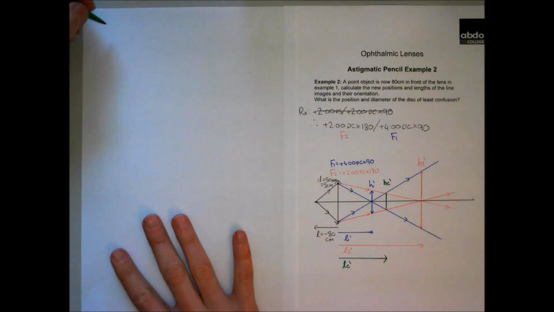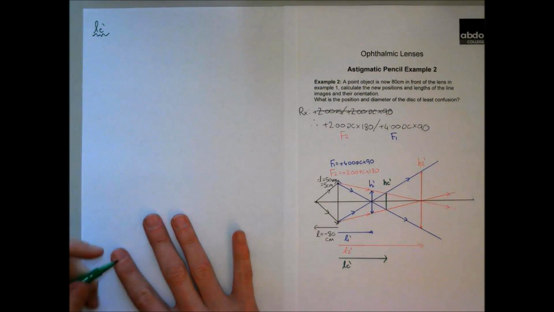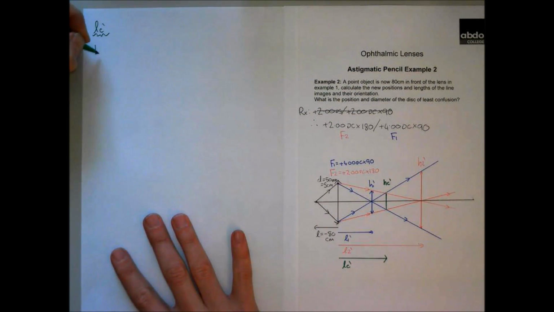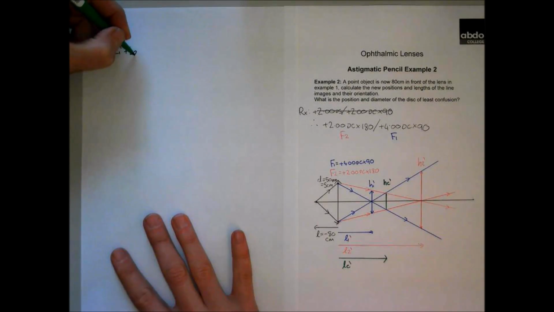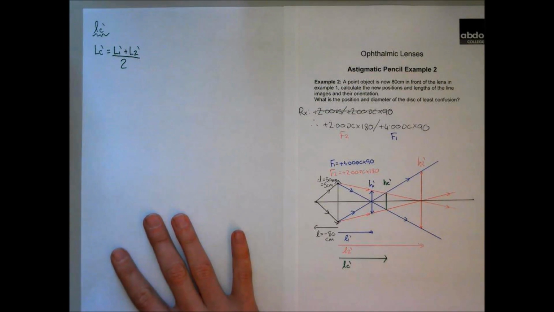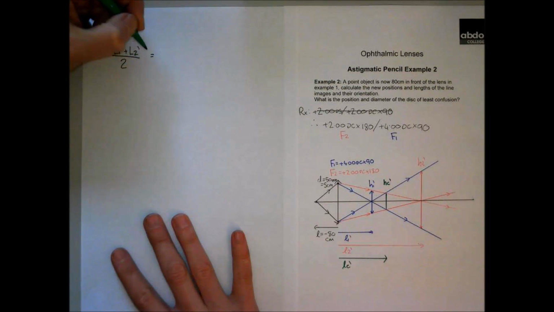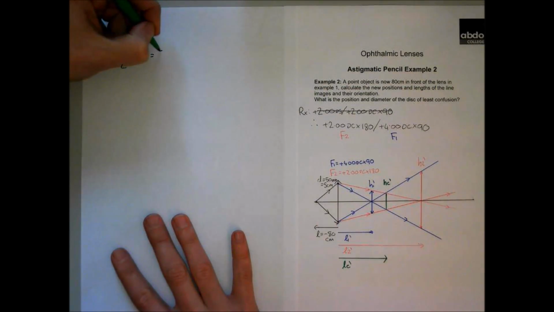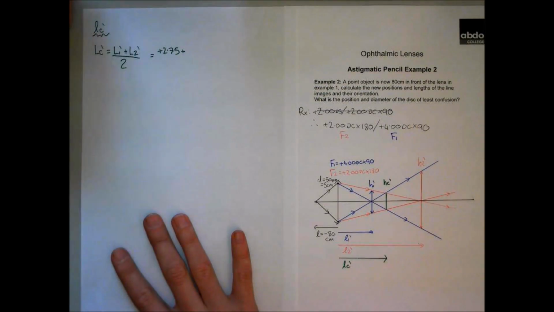So if we want to find little LC dashed, to do this we first need big LC dashed. We need the vergence at that point. And to get that, we do big L1 dashed plus big L2 dashed, and then we divide it by 2. So our big L1 dashed was 2.75.